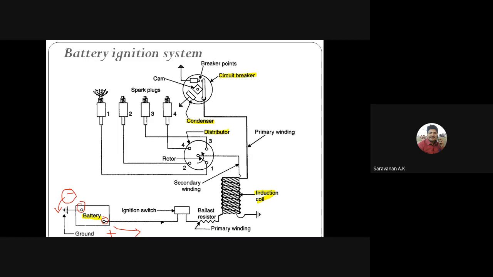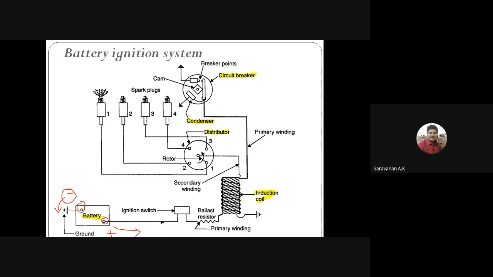Generally we have two types of batteries for the ignition system: a 6-volt battery and a 12-volt battery. What is the difference between them? Which one has more capacity? Obviously the 12-volt battery has more capacity, so it has more advantages. In most automobile engines we use the 12-volt battery.